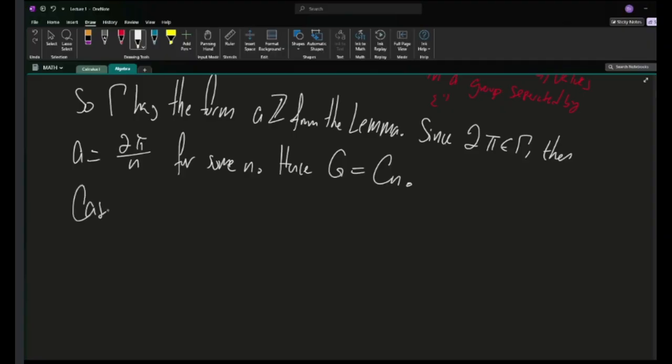So then our case 2. What if it has both rotations and reflections? At minimum, let's say G contains a reflection.